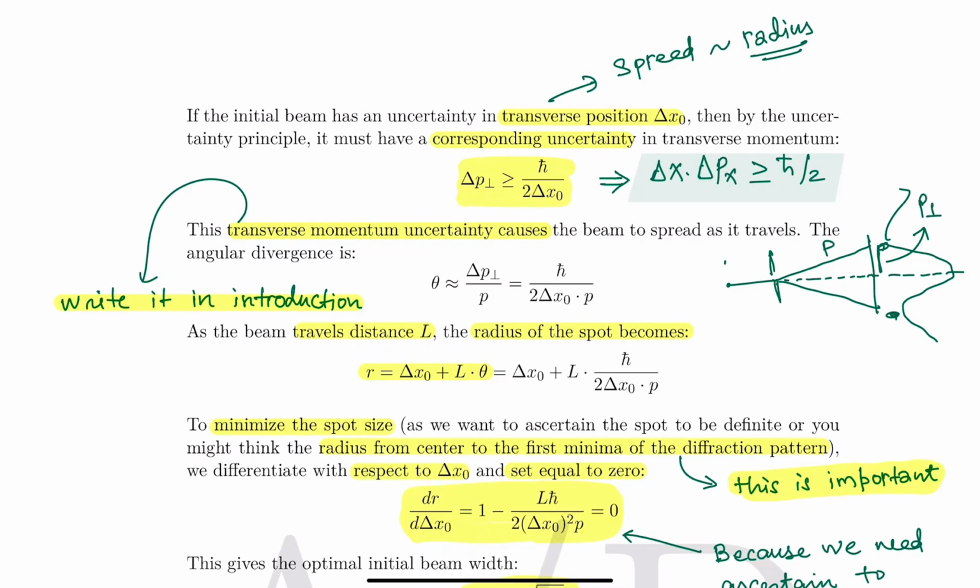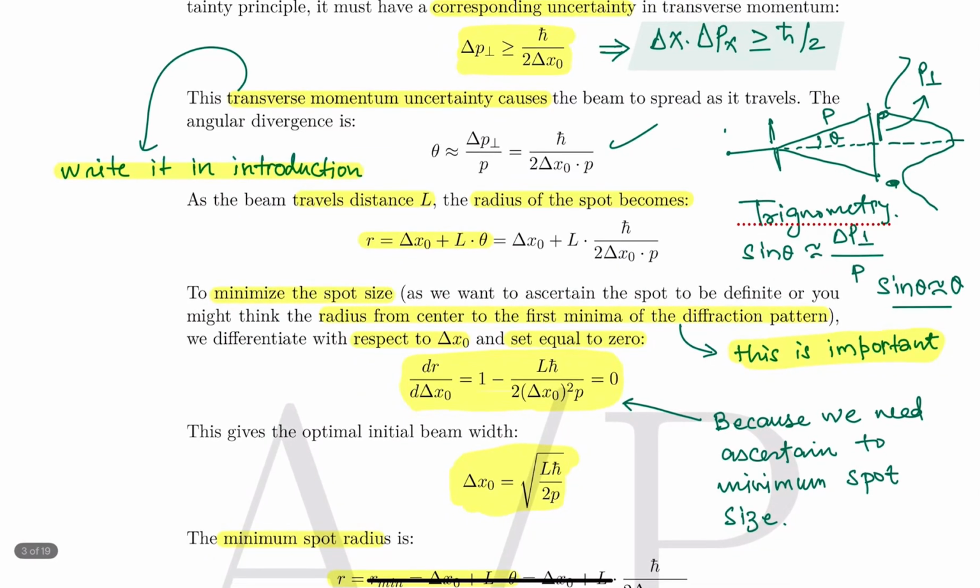This is the momentum in the transverse direction, and this is theta. We will use trigonometry to get to that value: sine theta is equal to, and when theta is very small, we simply use the approximation that sine theta is approximately equal to theta.